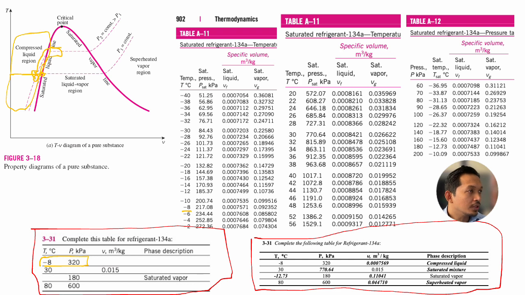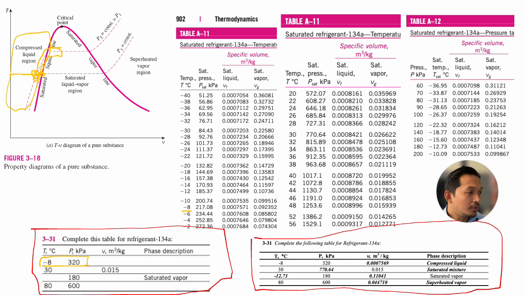So the location of that line is over here instead. When that happens, we've discussed this in our lecture before: for the compressed liquid region on the left side, the properties actually refer to the corresponding saturated liquid line.